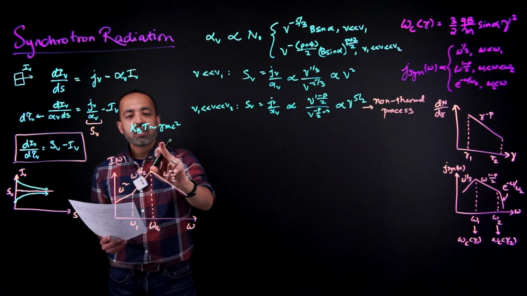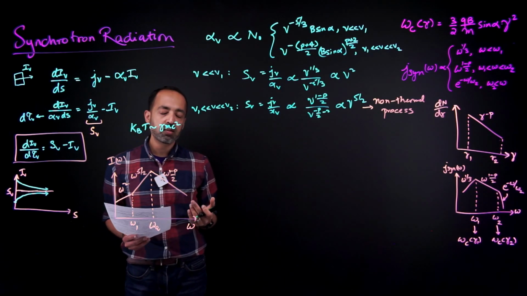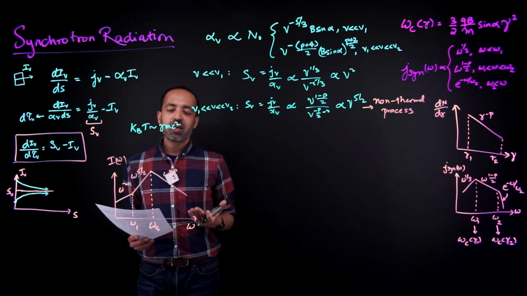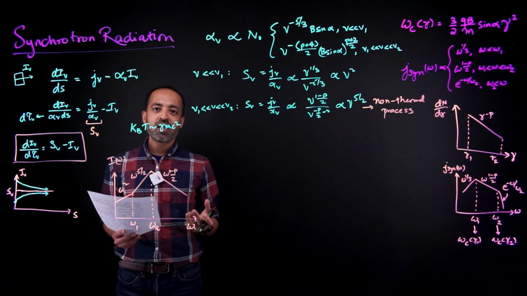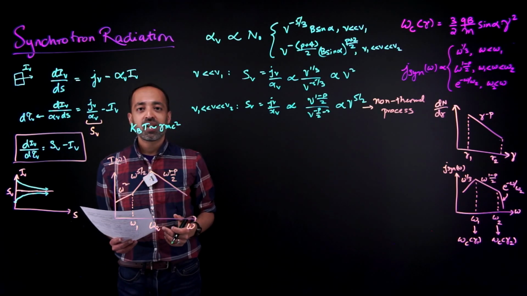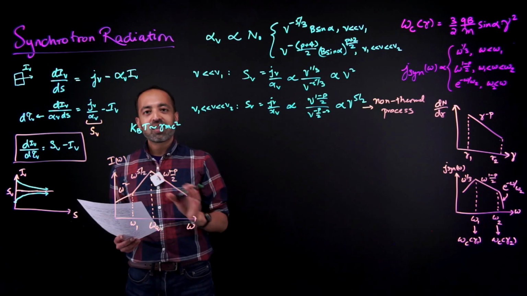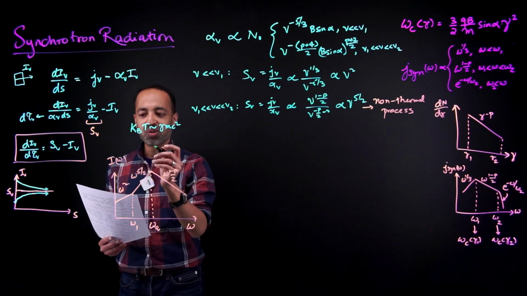Now, the key thing to keep in mind is that radiation, this is a fundamental physical principle. You can never get more radiation out of a system than the Blackbody spectrum at that temperature, at a corresponding temperature at that frequency. We'll come back to this if that statement isn't clear to you.